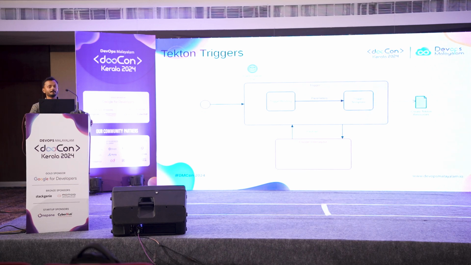Once this event happens, as the neighborhood auntie does, she will go to your parents or family. Trigger also does the same thing. It will go to whatever is configured inside your trigger template, and it will execute those things.